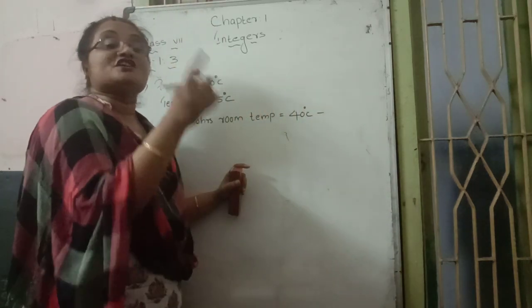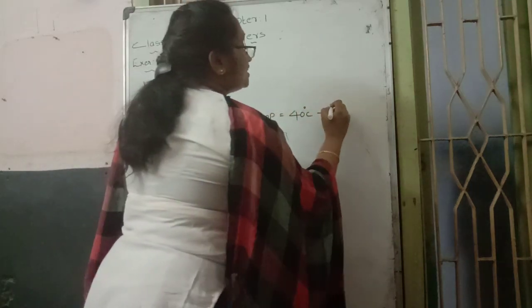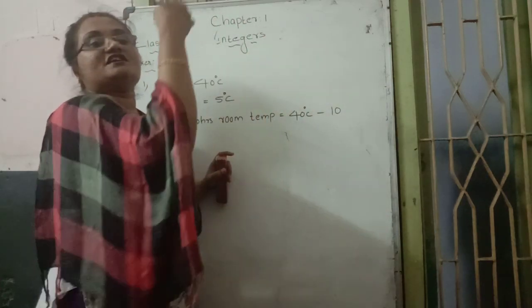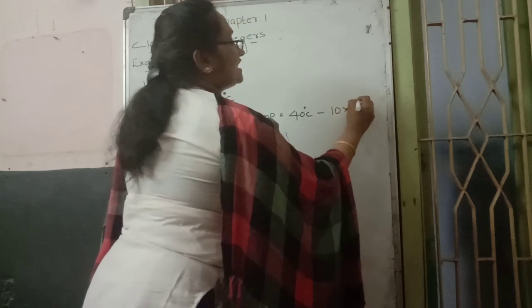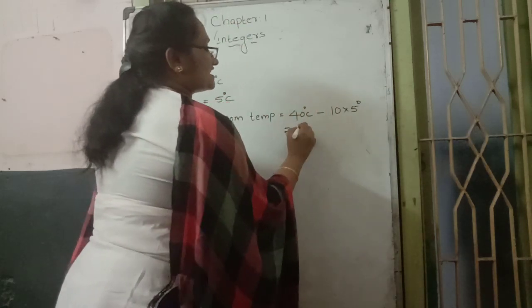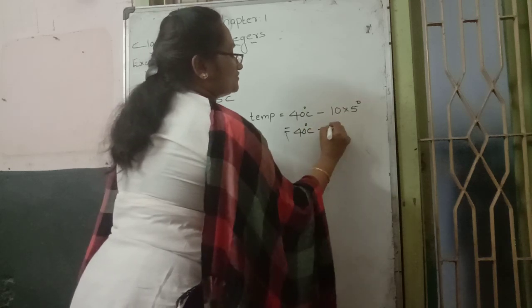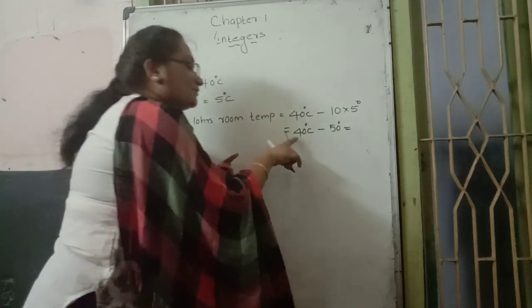Subtract 5 degrees each hour: first hour 5 degrees, second hour again 5 degrees, third hour again, like this for 10 hours, 5 degrees is reducing. So the answer is 40 degrees Celsius minus 10 into 5, which is 50 degrees Celsius.